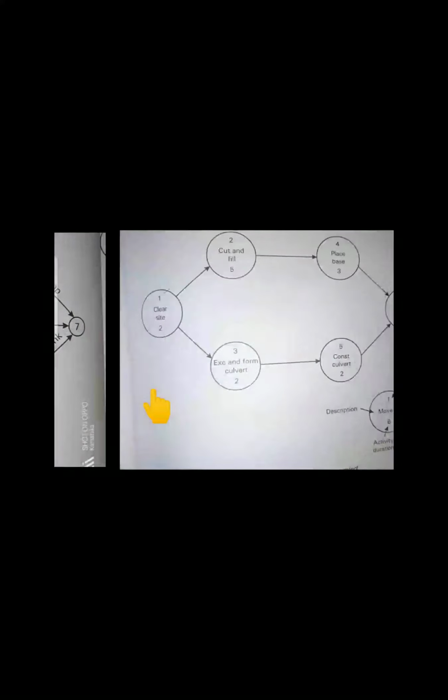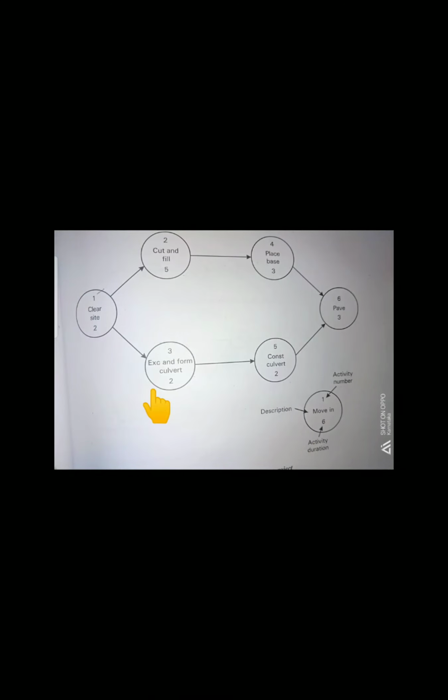Next, coming to the activity on node. This is an example of activity on node. Here we represent the activity inside the node, and we use the arrow for connectivity purposes only. In activity on arrow, we represent the activity on the arrow, and the node is used for connectivity. So there is a difference between the two types of network diagram.